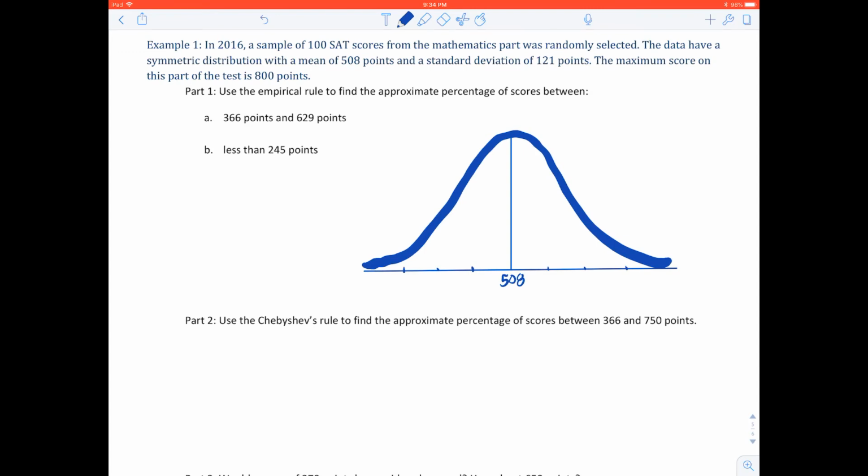If I add 121 to 508, I'll get my first standard deviation to the right of the mean.